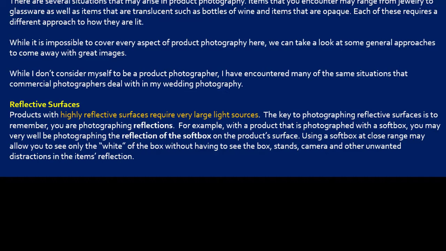The key here is that you're really photographing reflections of everything that surface is capable of bouncing back at you. So that's going to include everything from light stands to you and your camera and your tripod and the light. And so it's important to try to work in a scenario where you're controlling the reflections in that product.